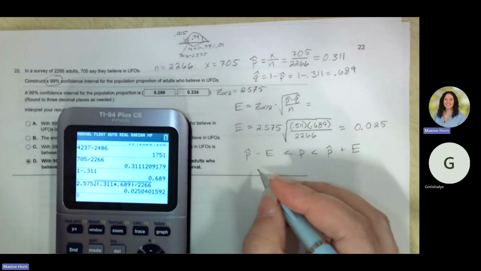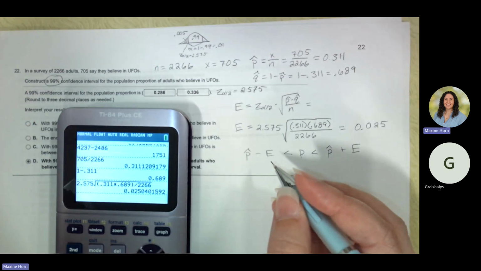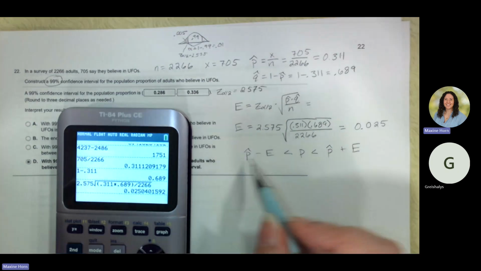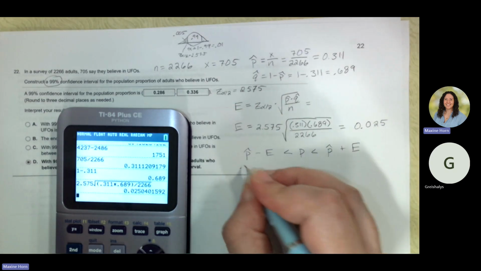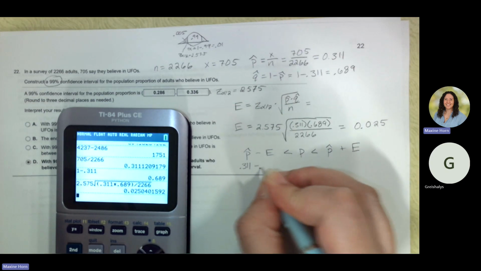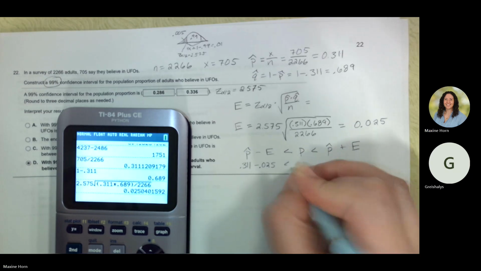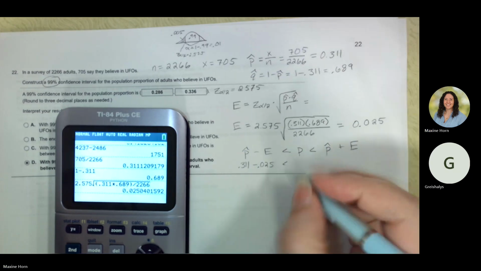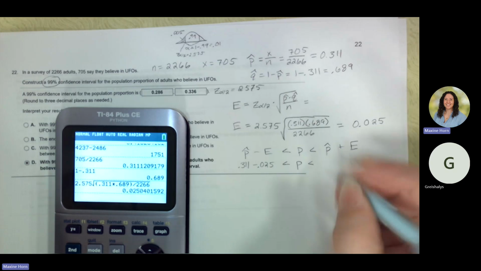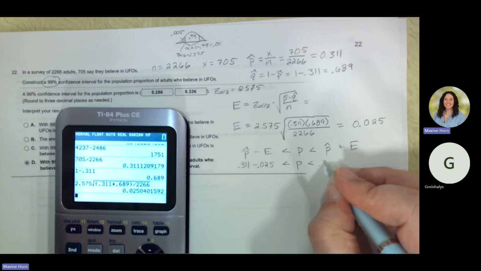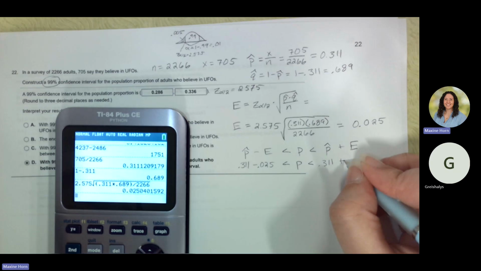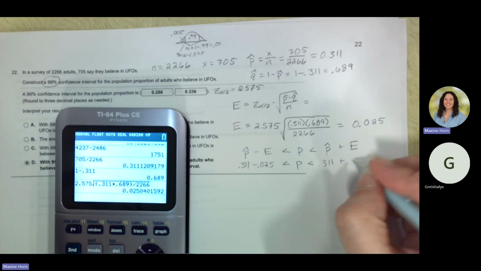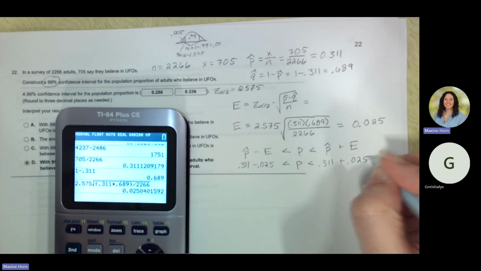So I have, okay, so I have my p hat, which is 0.311. I'm going to subtract 0.025. And I have my p hat, which is 0.311. And I'm going to add my margin of error, which is 0.025.